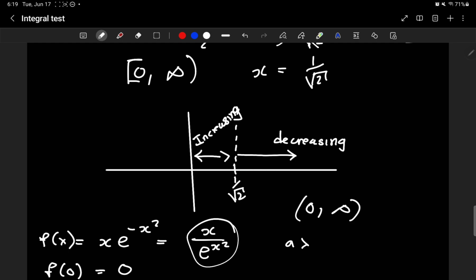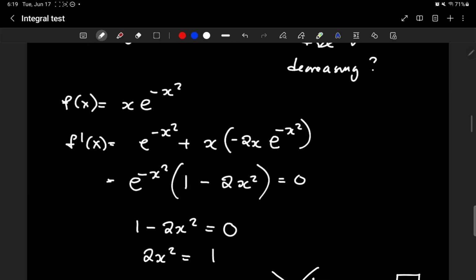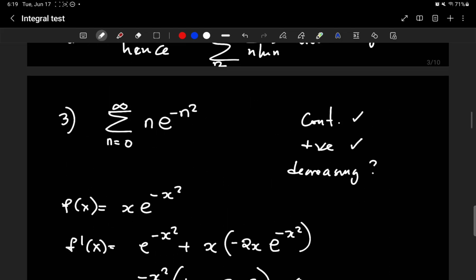But eventually, as we approach infinity, our function is a decreasing function. And that's all we need. It doesn't have to be decreasing throughout the range, but eventually, as we approach infinity, it must be a decreasing function. So based on that, we can actually deploy the integral test on this function.